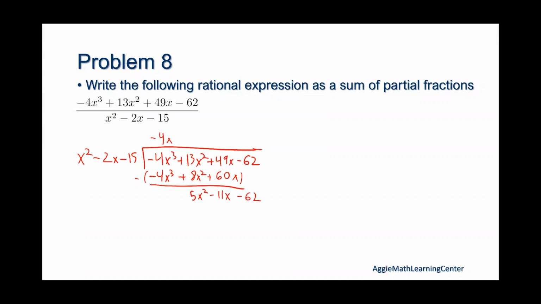Okay, so now for this next one, we have to multiply by 5 so that the x squared cancels. So plus 5. Then we're going to end up with 5x squared and then minus 10x. And then we have minus 60. No, minus 75.